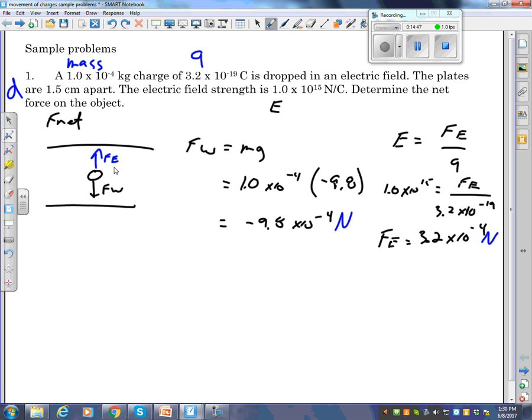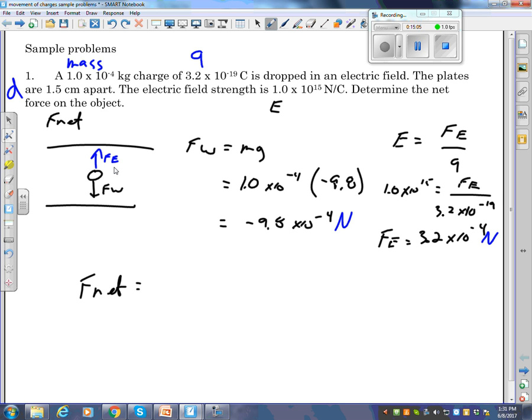Now determine the net force. How do you find the net force? What does net force mean? It means add up all the forces. Do they have to be in the same line? Like, do they have to be both up and down? Yes, you can't have them perpendicular, or then you've got to use Pythagoras.